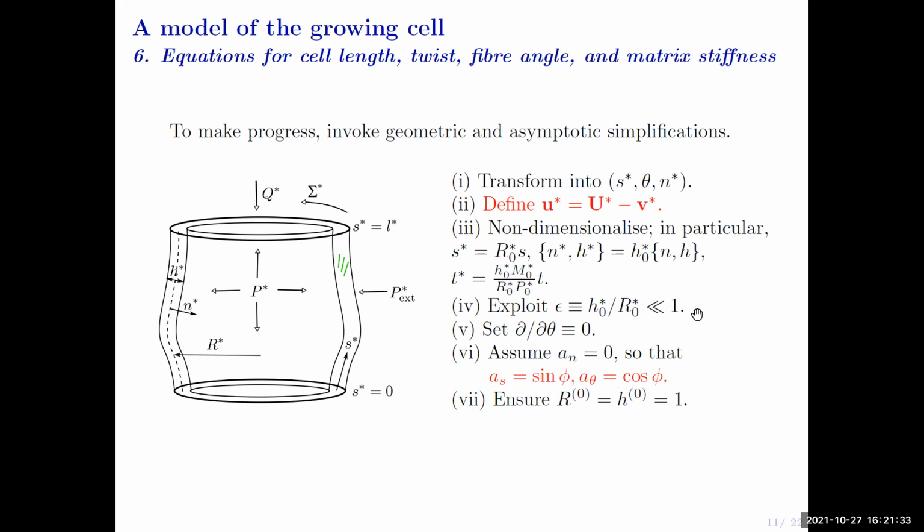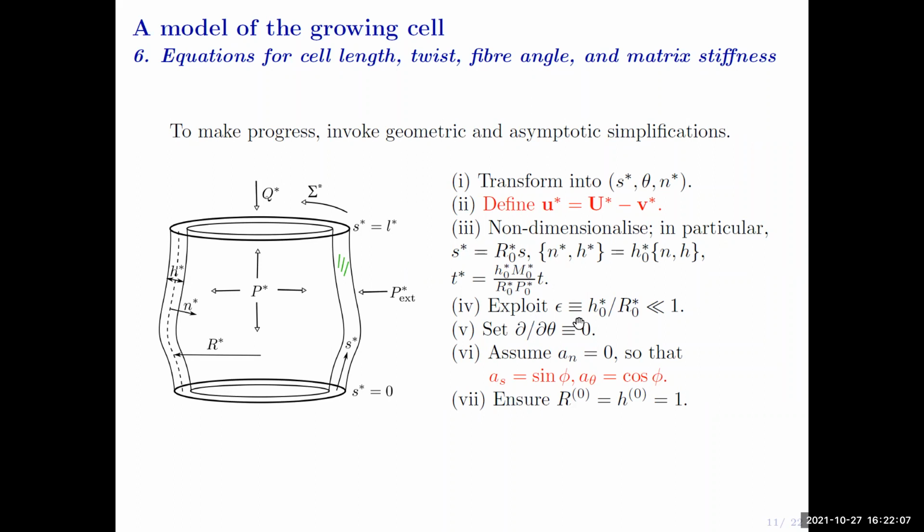I should also mention that the timescale we choose is determined by the initial ground matrix viscosity mu0 and the turgor pressure P, which we just set to a constant P0, but epsilon also comes into it, so that we get a reasonable timescale of about 100 seconds.